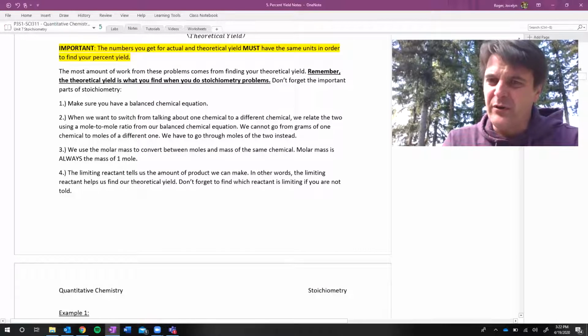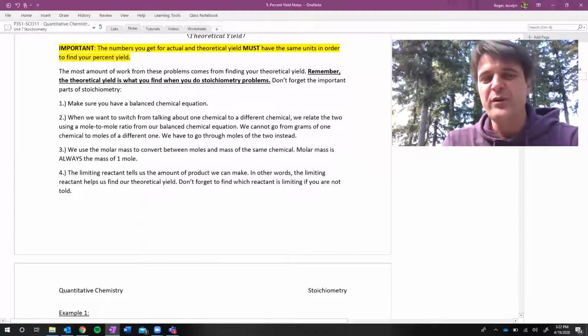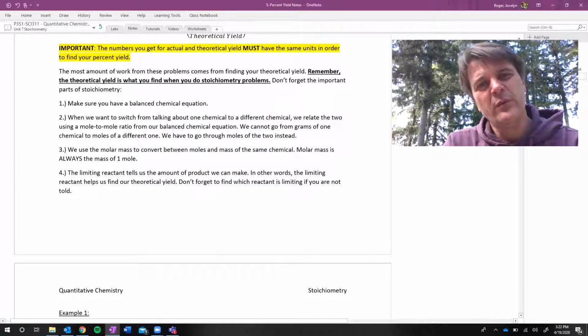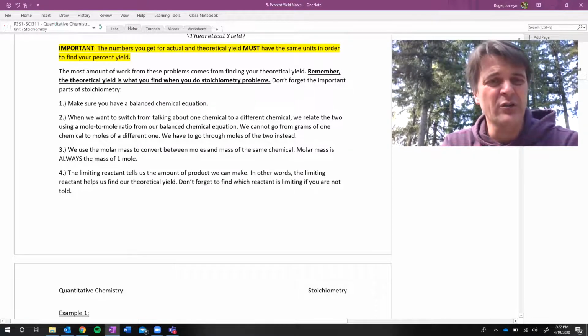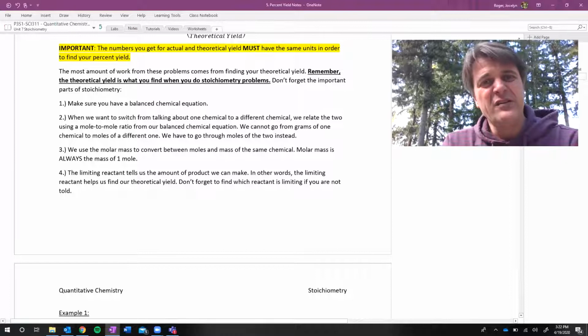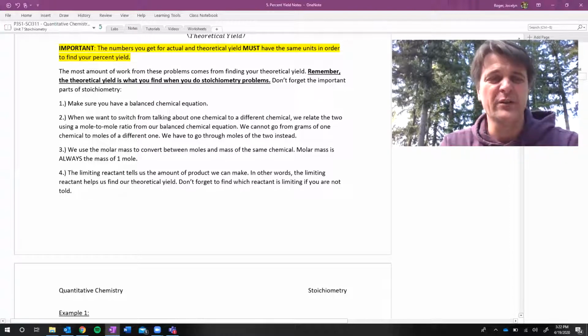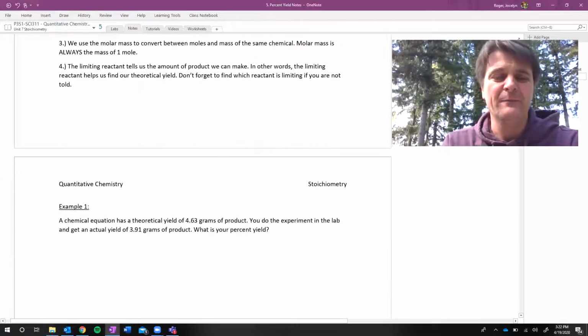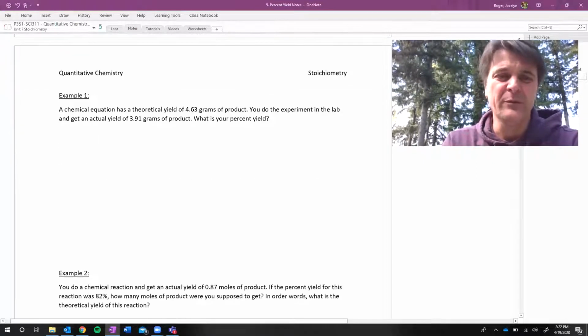So the steps are the same as the previous lesson on the limiting reagent. We balance the equation, find which one is the limiting reagent, and that gives us the theoretical yield. Then we take the actual yield and divide by the theoretical yield.